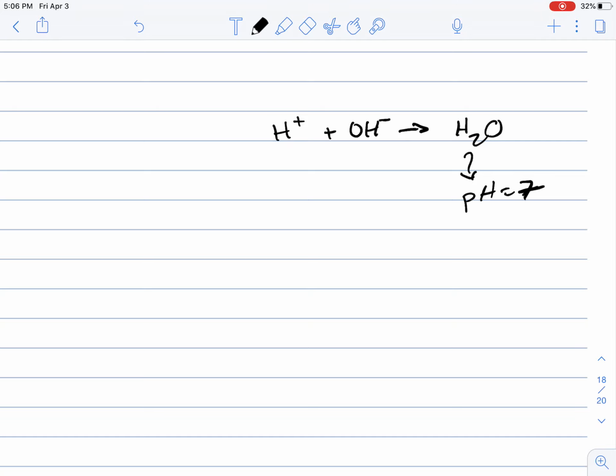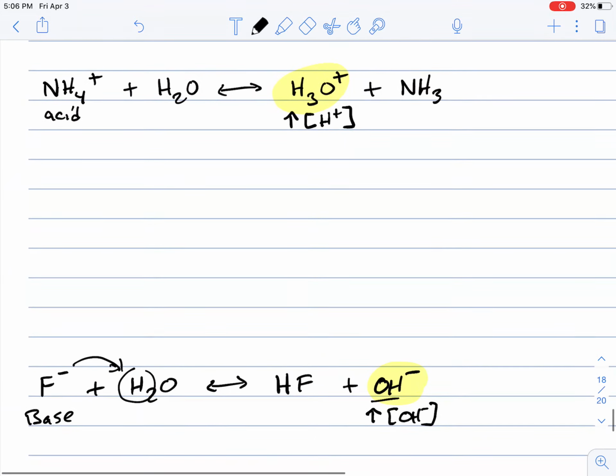That's the assumption. However, these substances, NH4 plus and F minus, they have a specific strength to them. And so we have to look at their equilibrium values to determine whether or not the amount of H pluses or H3O pluses and OH minus that's being formed at equilibrium are actually equal to each other, or if one is a stronger acid, or determine whether one is stronger than the other.